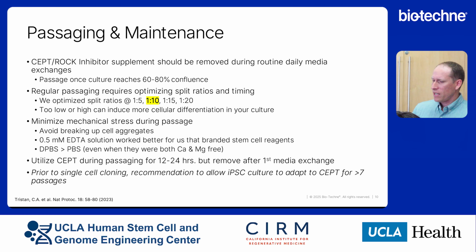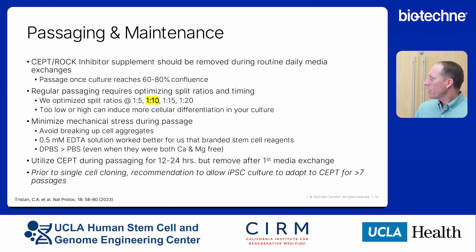As long as you're not removing the cells off the plate, you wouldn't need apoptosis inhibitors just when you're doing daily media feeds. But once your culture gets to 60 to 80% confluence, that's when you want to do your first split. And splitting is also a technique that you need to optimize.